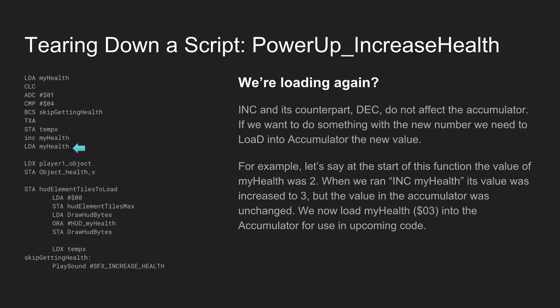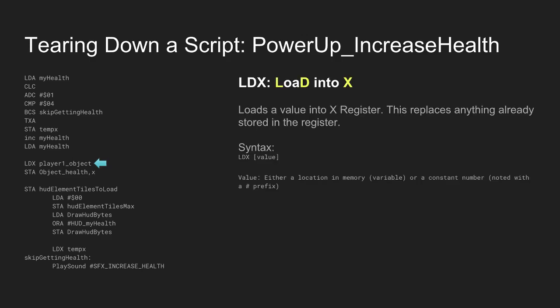So if you use increment or decrement, you need to load the number again to do anything with it. Next, we're loading a number into the X register. In this case, the object ID of the player, or one object. As before, loading a number into a register replaces the value of the register with the new value.